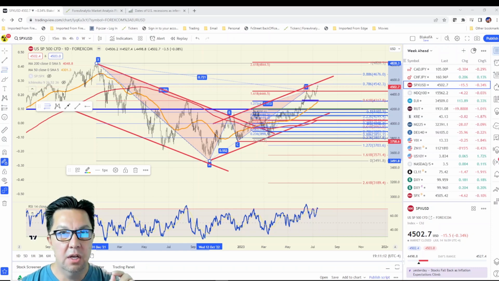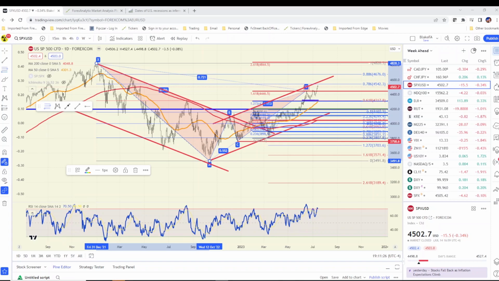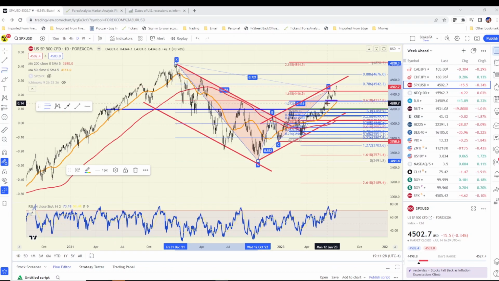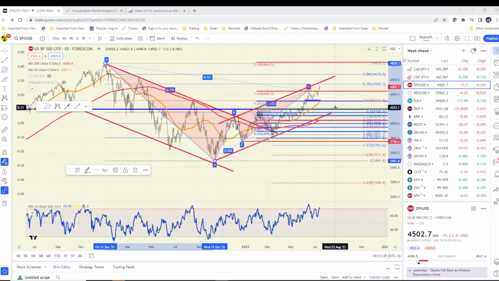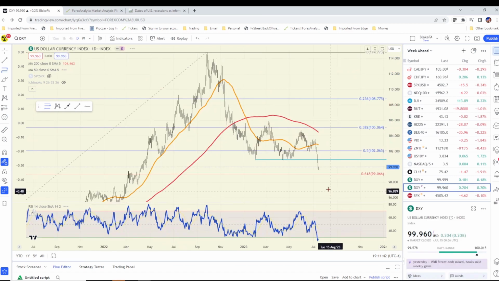The Canadian, which we'll have to talk about this week because we have CPI data coming out of Canada as well. So that's the one thing I would be really careful with, just because if the dollar does start to firm up from here, or let's say it another way, if the S&P does find some resistance up here, then the dollar could turn around and it could start to form some sort of near-term bottom, especially that we're at such critical support at the 618 retracement.